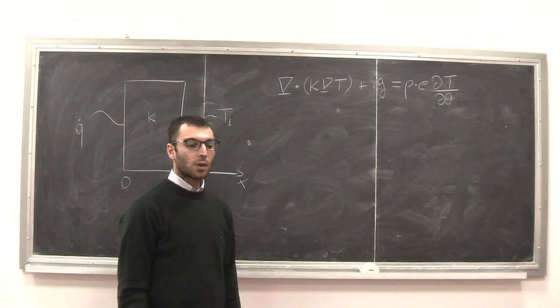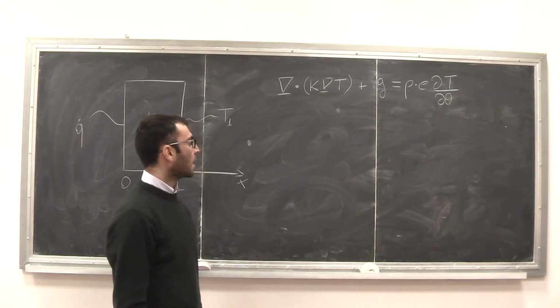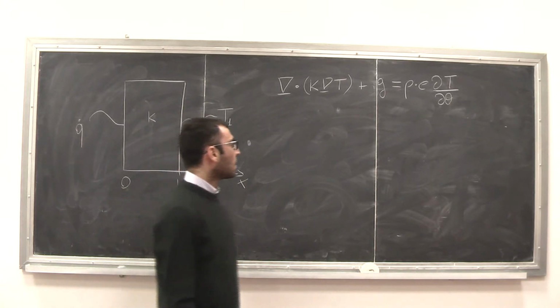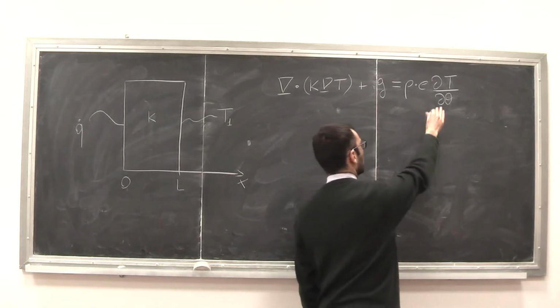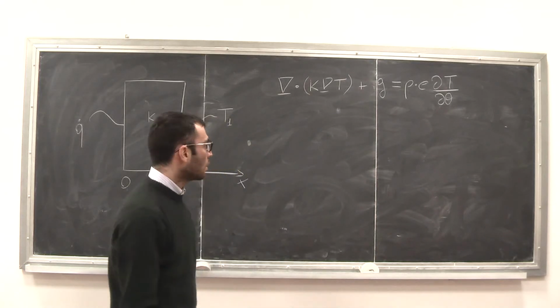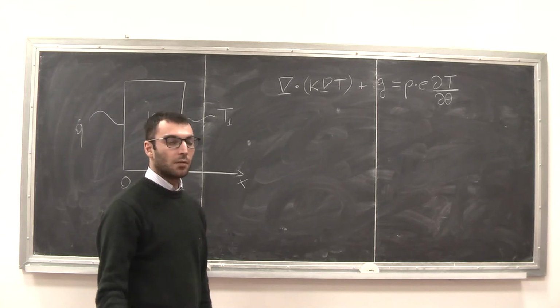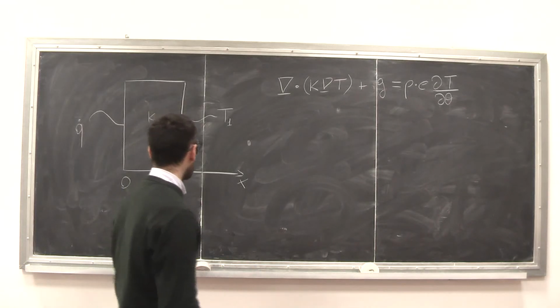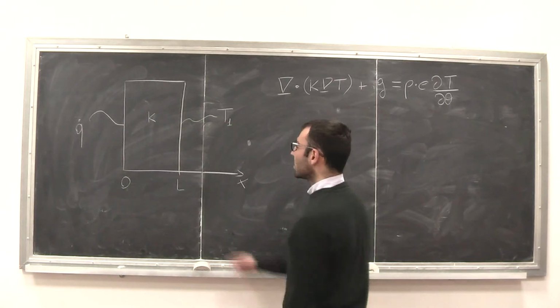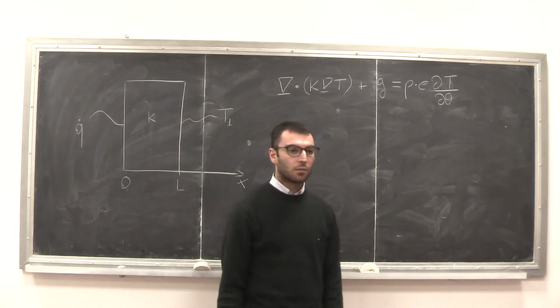But as you can notice, there are some terms that in our case may be neglected. For example, let's start to consider the derivative of temperature with respect to time. Our problem does not give us information about the time behavior. And we know that there is an assigned temperature on one wall and a heat flux on the other wall.